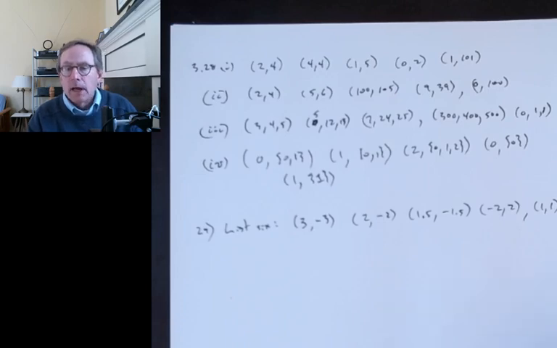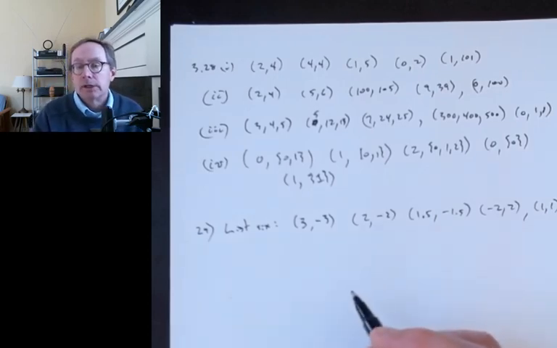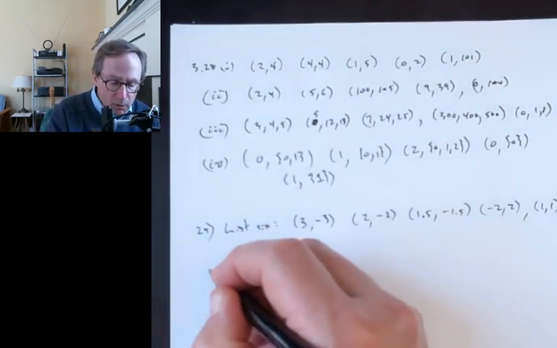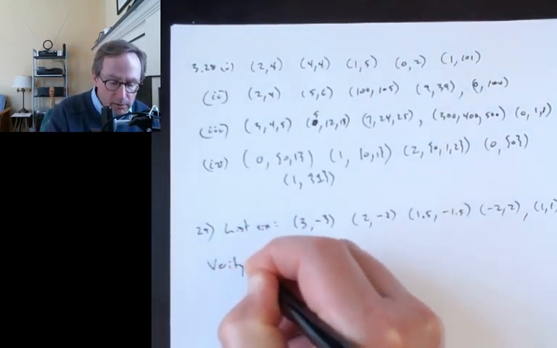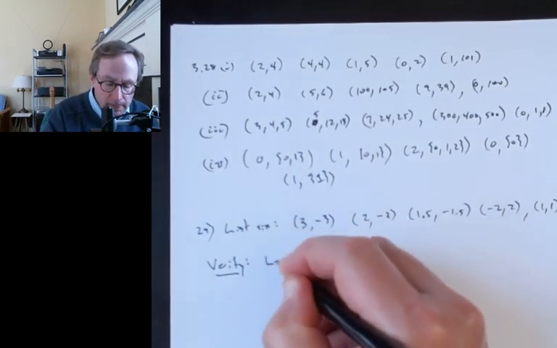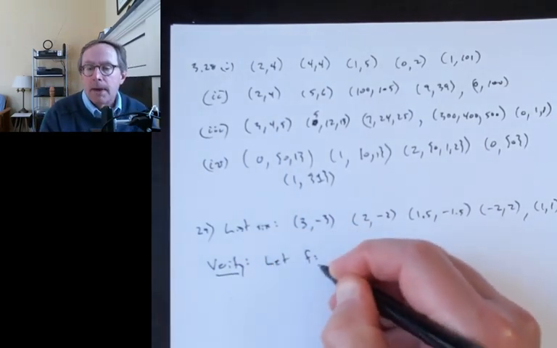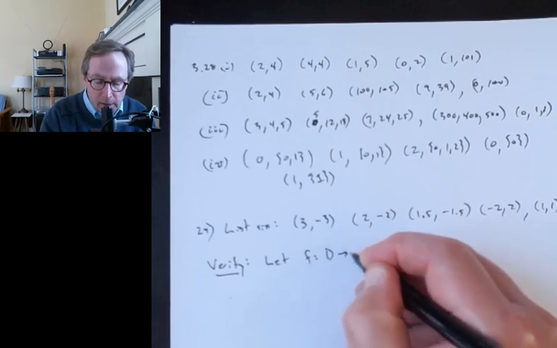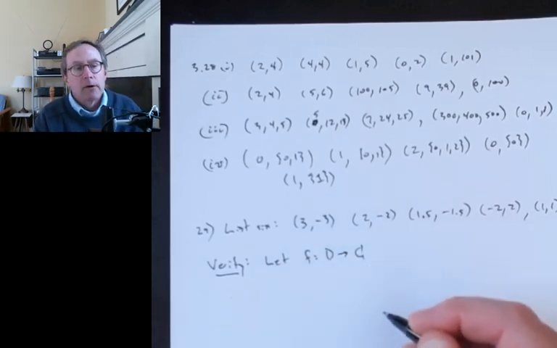Okay. Now it says verify that for any function f, the set R sub f is a binary relation. So all I got to do is check something very simple. So verify. Let f map d to c be any function at all. It doesn't matter what function it is.